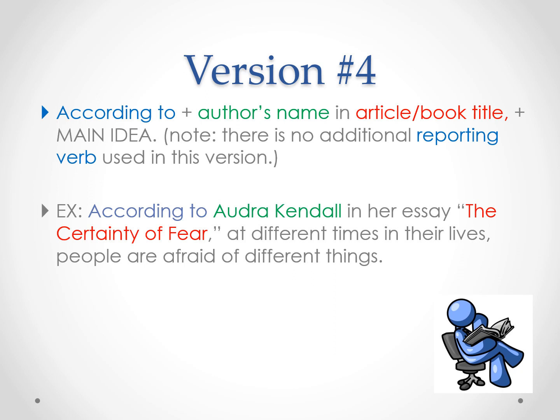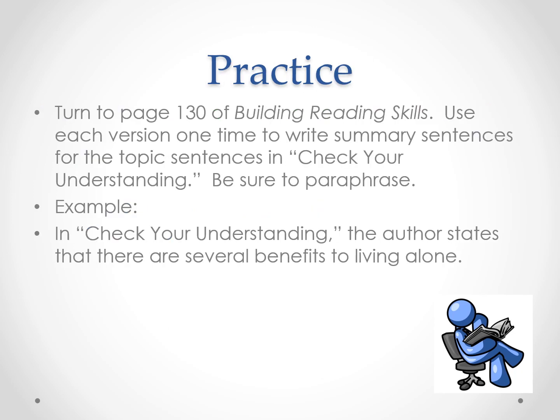Okay, so we're going to practice using all four of these versions, but you really only need to master and remember one of them. So the thing that you want to do right now is open up your book to page 130 of Building Reading Skills, and look at practice 7. On practice 7, there are 6 different topic sentences, right?